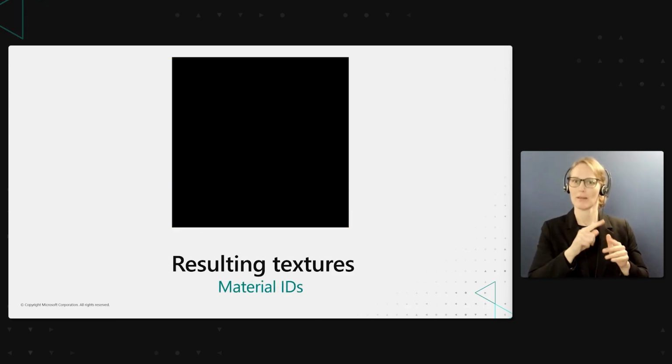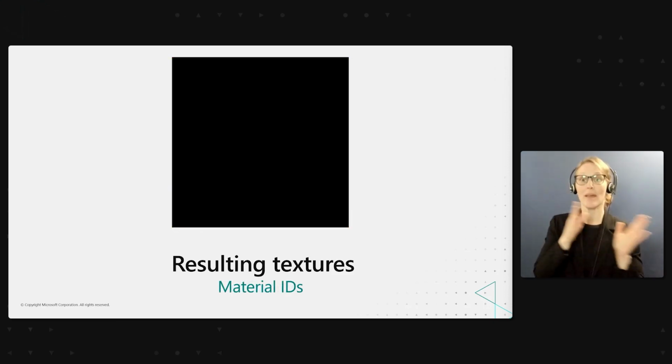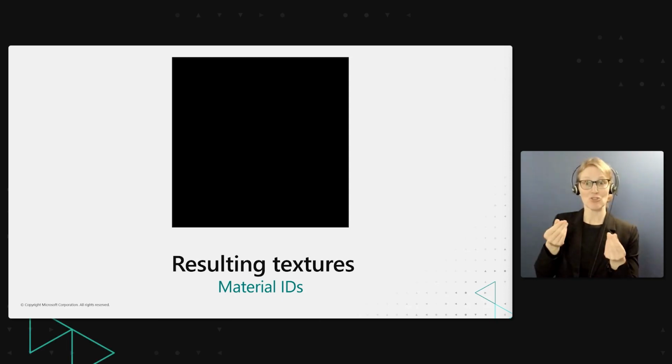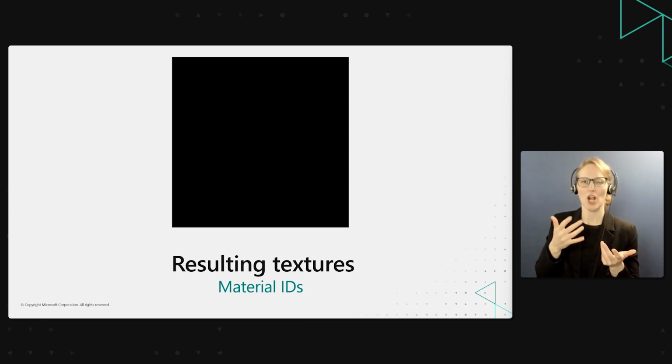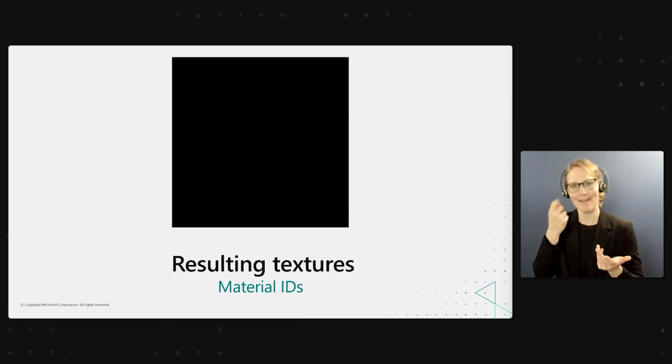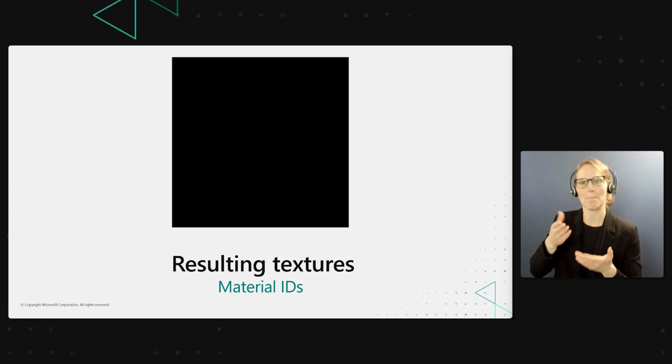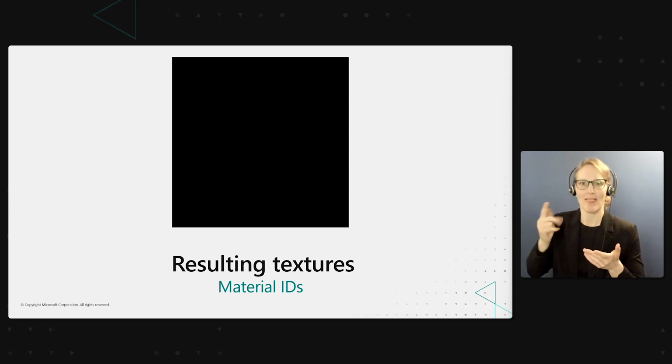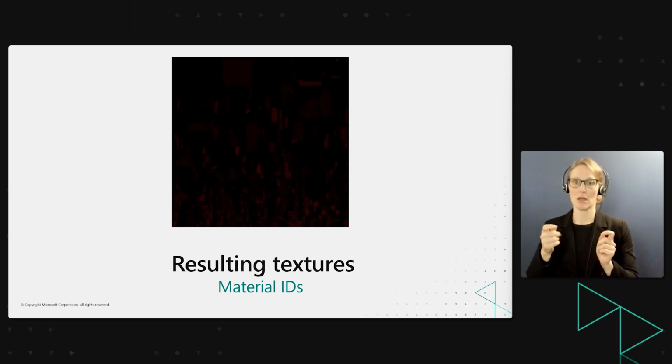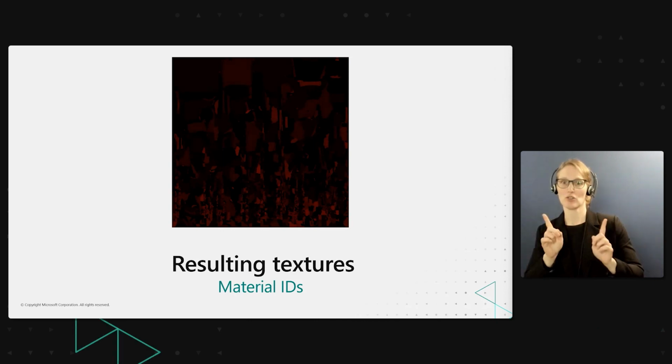The other part is the material IDs. It looks black, but that's because there are only 6 materials in this. If we amp up the contrast here a bit, we will see that there's actually a set of different materials.